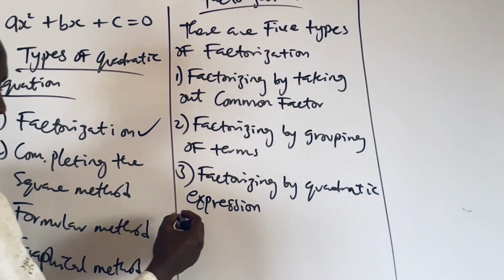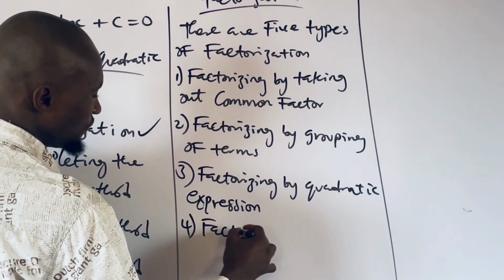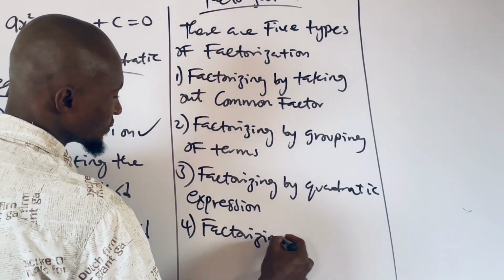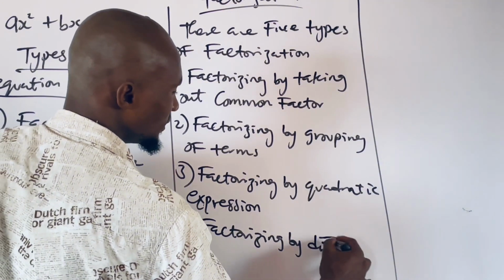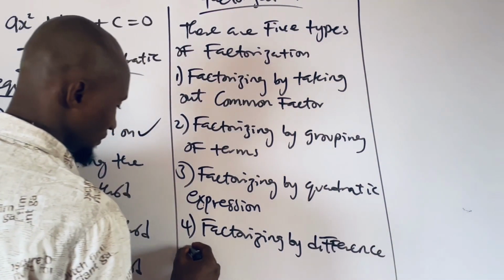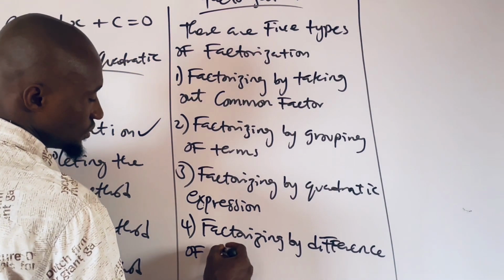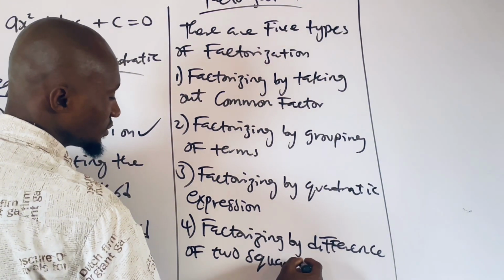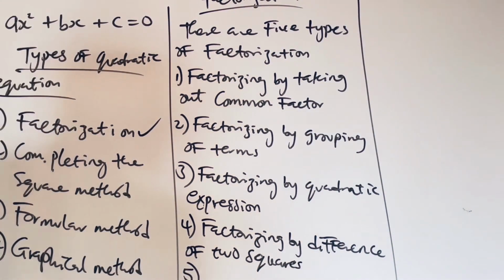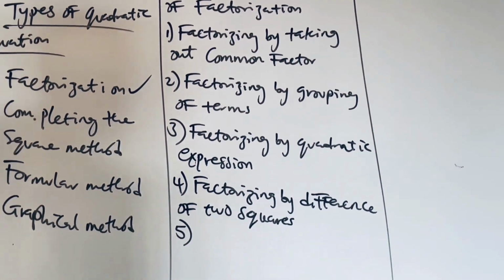The fourth one, factorizing by difference of two squares, or you say difference of squares. The fifth one, last but not the least, factorizing by perfect square, or you say factorization of perfect square, whichever one.